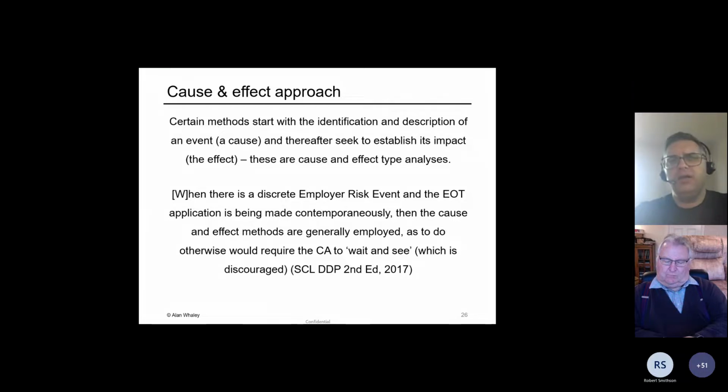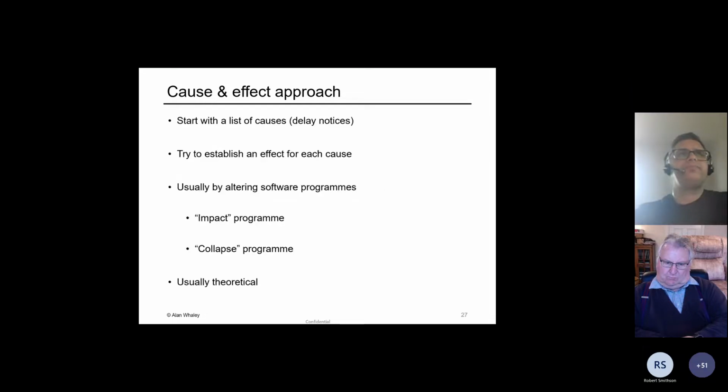So the SCL delay and disruption protocol says where there's a discrete employer risk event and an EOT application is being made at the time, then the cause and effect approach is generally the right thing to do, because you don't want to just wait and see. You want to be able to say, well, for delay notice 1, I want you to give me 10 days of EOT or whatever it is. So starting with the cause and then trying to analyze the effects for that specific cause is one way to do it.